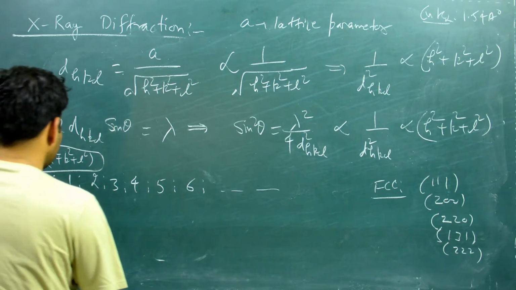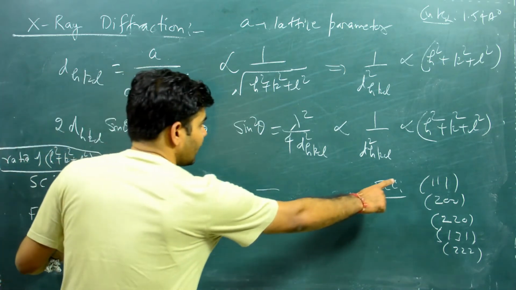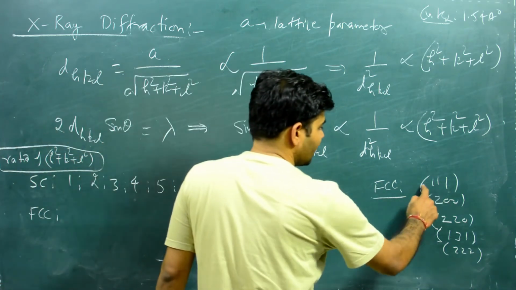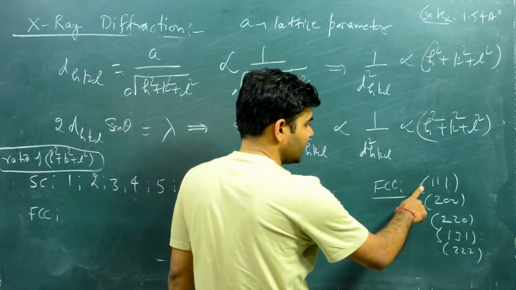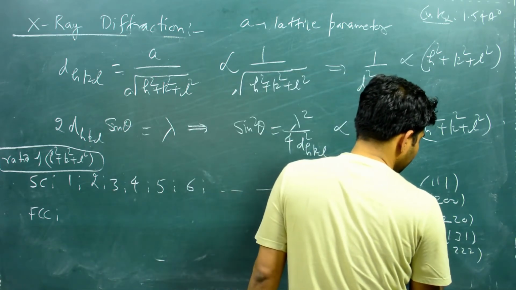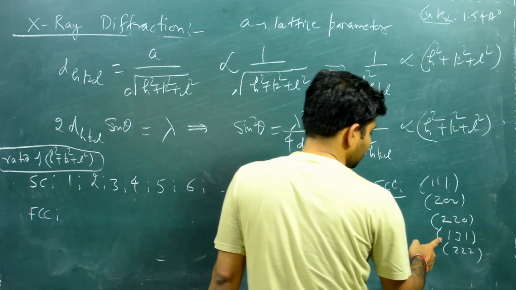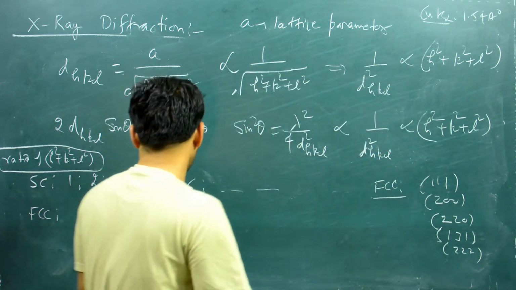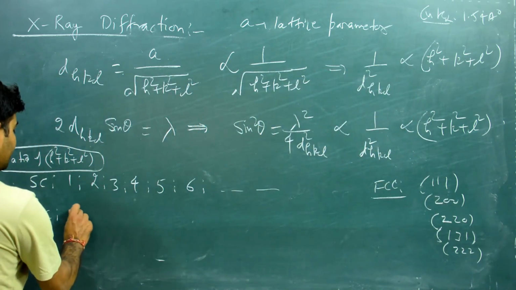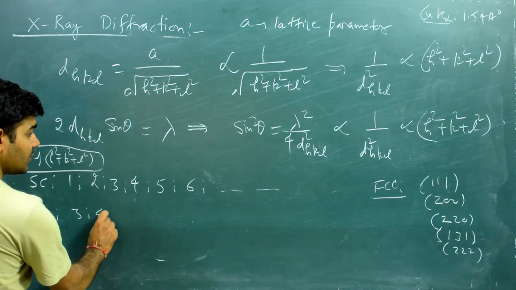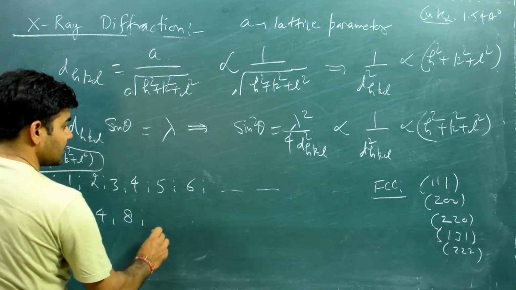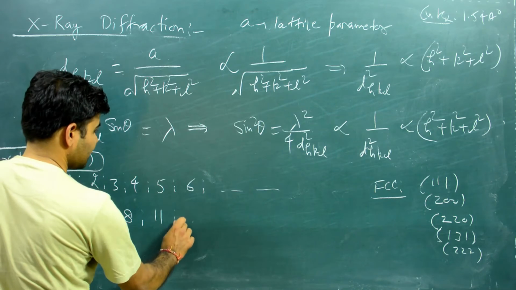Fine. So if you see in case of FCC, the allowed values of h square plus k square plus l square: this is all odd, it is allowed in FCC, this is all even, again allowed in FCC, and so on and so forth. So this FCC ratio would be 3 is to 4 is to 8 is to 11 is to 12 and so on and so forth.